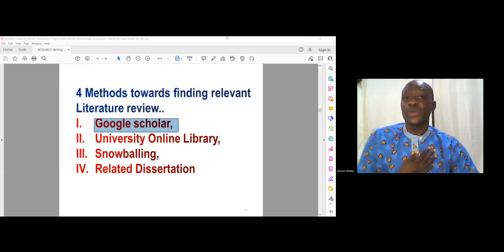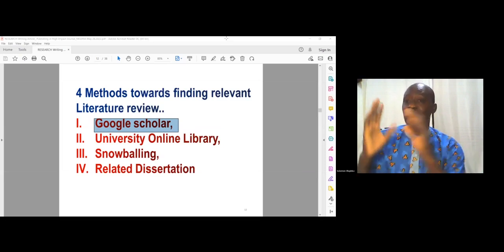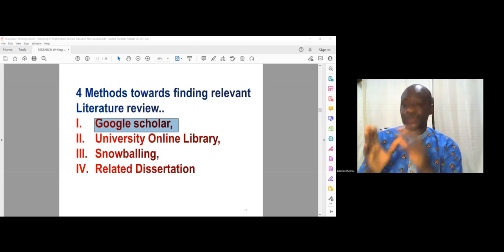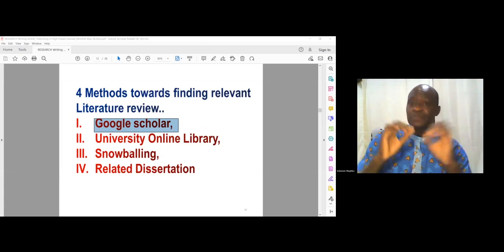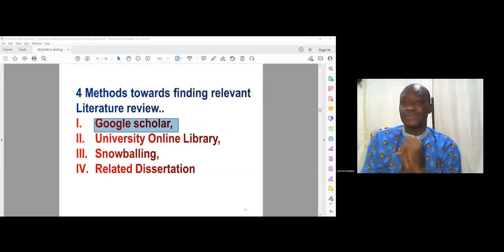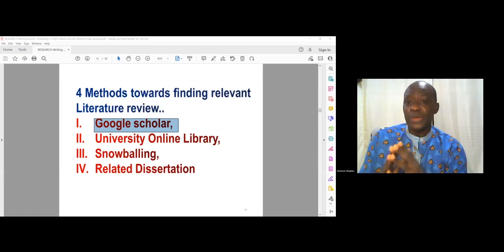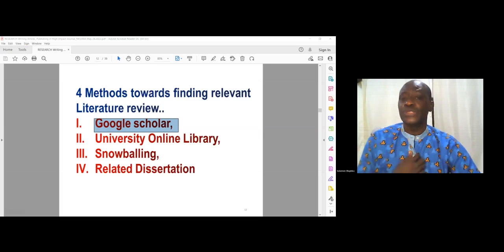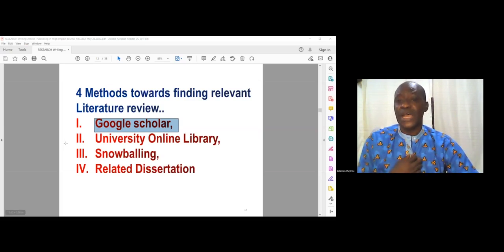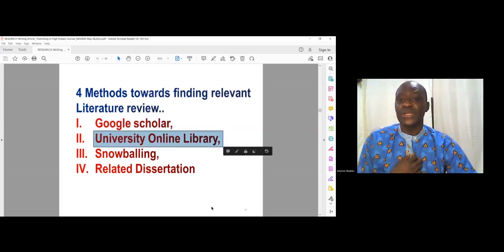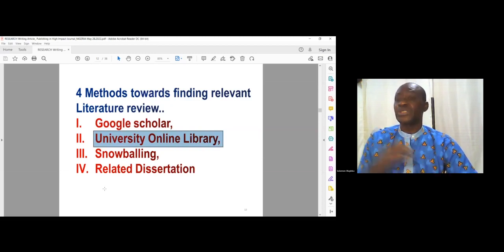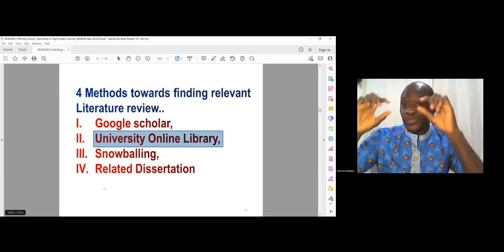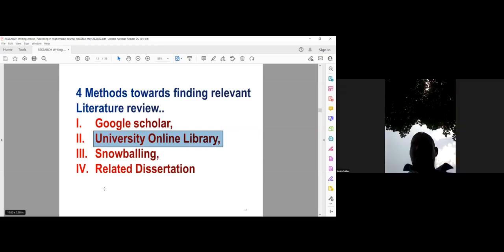Because in Google Scholar, once you have the title, you can look for more references. From that particular one, you can get a particular topic which you can use to make a search in the school library. Because some articles in Google Scholar are closed.